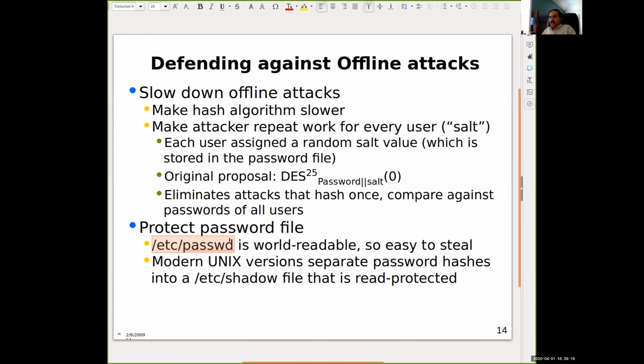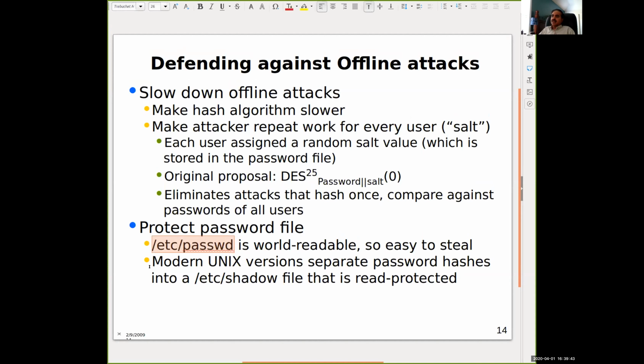/etc/passwd is the password file, and this used to be world-readable because it only contains hashed passwords. So the thinking in those days was, well, stealing that doesn't help. But once these types of offline attacks became feasible, attackers would obviously try to steal this and then crack the password.